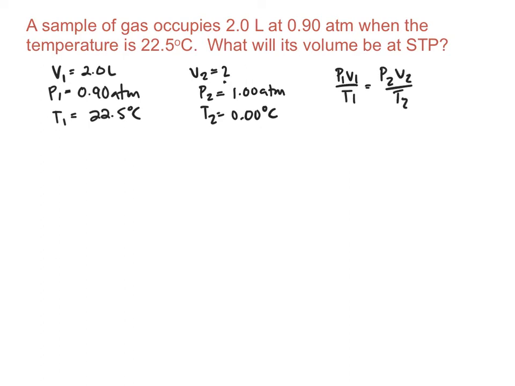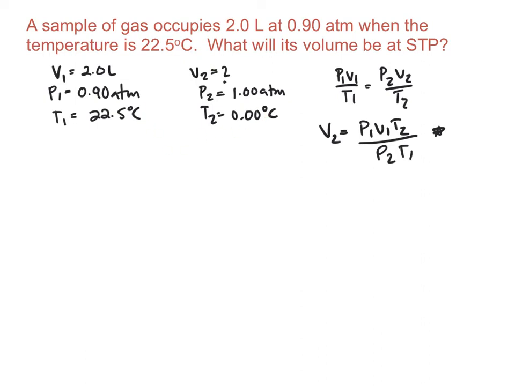So now we need to get V2 all by itself, and that is going to be accomplished by manipulating the equation, so V2 equals P1 V1 T2 over P2 T1. Now this is what we are going to be plugging our variables into, and before we do that, we want to make sure that we are matching up our variables in the appropriate manner. So remember, our units for pressure have to match, and our temperatures need to be in Kelvin.